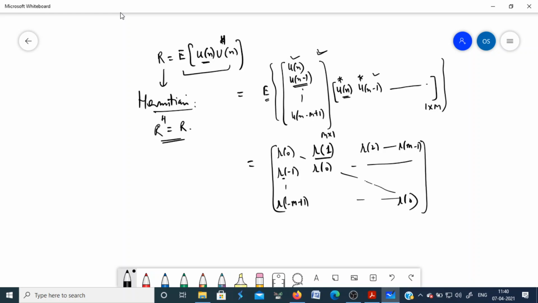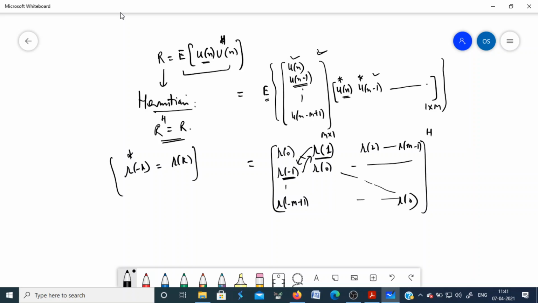And that is because of one property of the autocorrelation that we have seen, R of minus k star is nothing but equal to R of k. So if you take the Hermitian transpose of this matrix, rows will be converted to columns. So R of 1 will come here and this will go here. And then you have to take the conjugate of each. So if you take the conjugate of R of minus 1, it will become R of 1. So it will be the same.